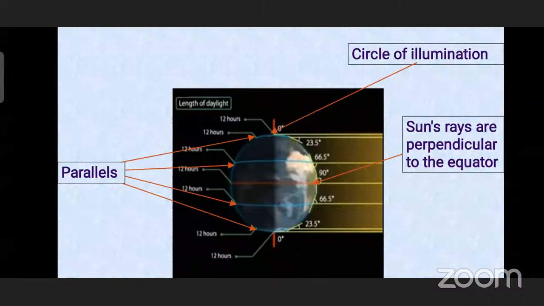Observe the figure carefully, students. Here you can see the 12 hours. What is this 12 hours? It means the daytime and night time are of 12 hours. Daytime and night time are equal. So next slide we will see about this equinox days.